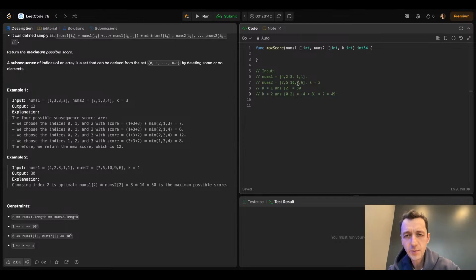49, but we have an interesting other option. What if we look at this one? This one gives the biggest 49, but this one gives the biggest multiplier. So 3 plus 1 is 4.